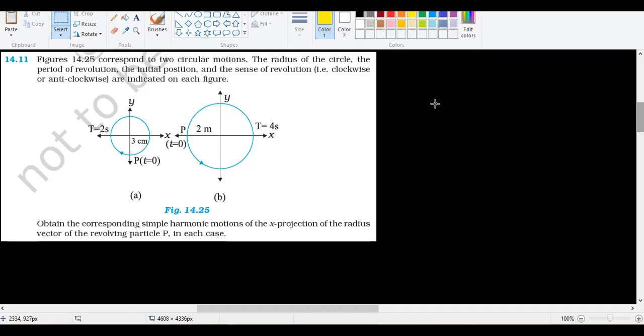Obtain the corresponding simple harmonic motions of the X projections of the radius vector of the revolving particle P in each case.